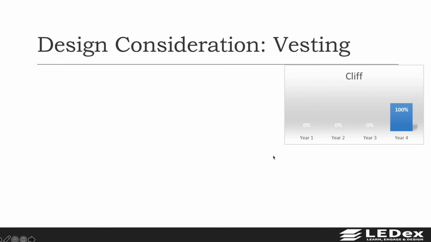A cliff vesting plan typically would have zero vesting in the initial years and then a cliff or 100% vesting at the final year. In this example, I've taken a 4-year vesting program. Of course, vesting periods could vary significantly. The most typical are between 3 to 5 years.